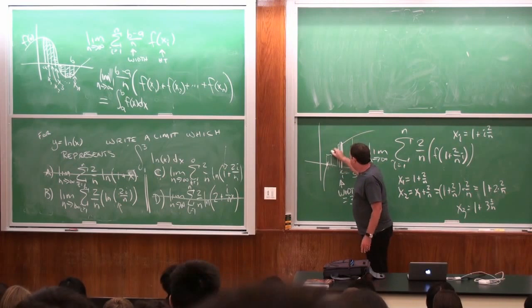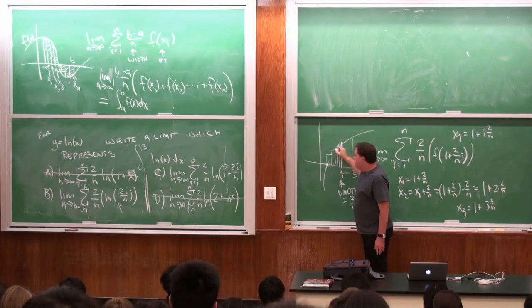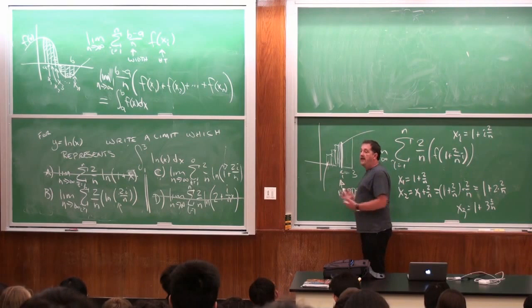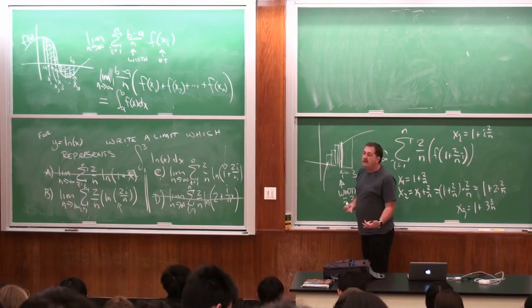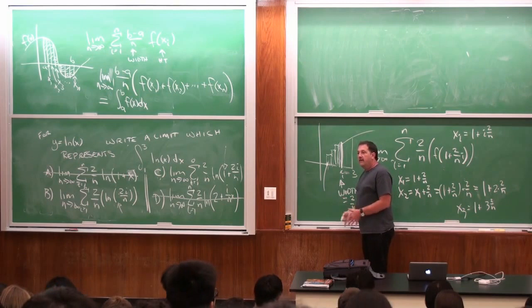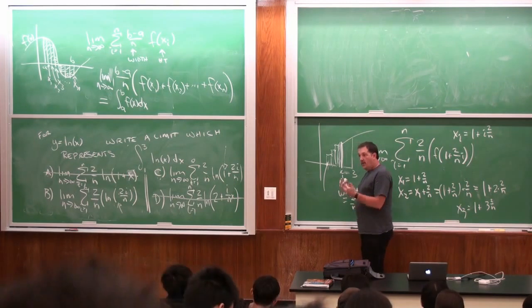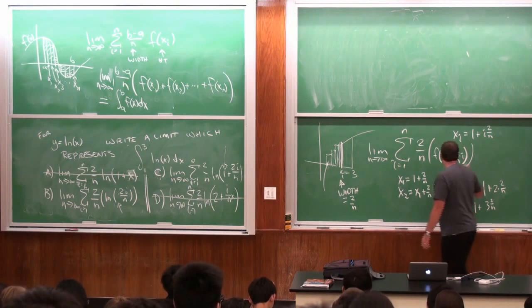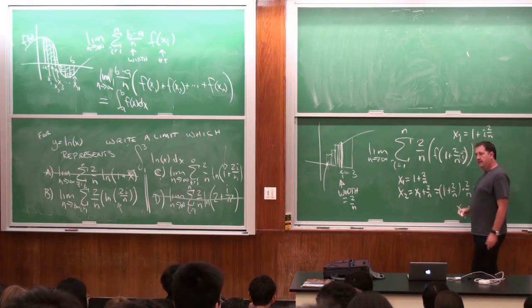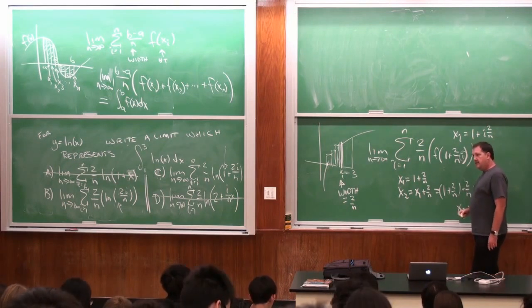Here i is 1, here i is 2, here i is 3. Since I don't know how many rectangles I have, I just have n. Maybe n is 100, maybe n is 1,000,000, maybe n is 5. I want to write the general rectangle, one of those dots, so I have to have it depend on i. Make sense?